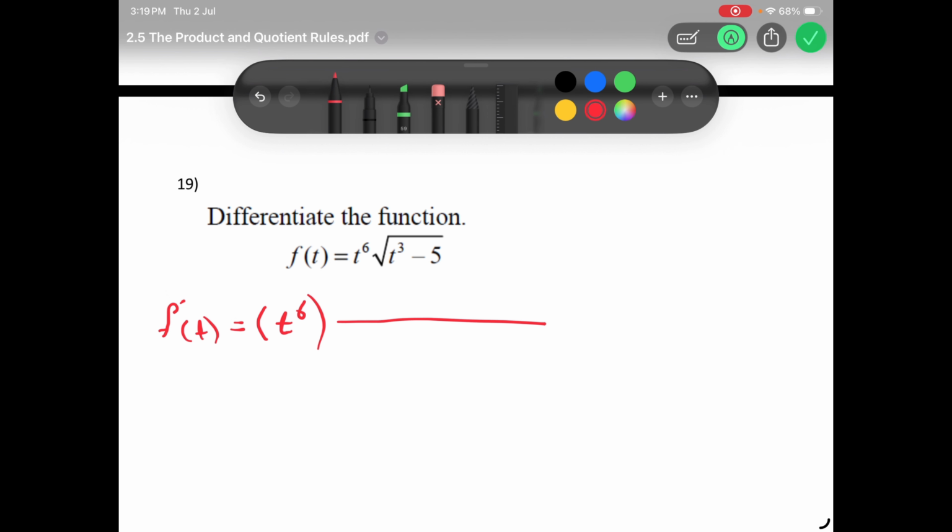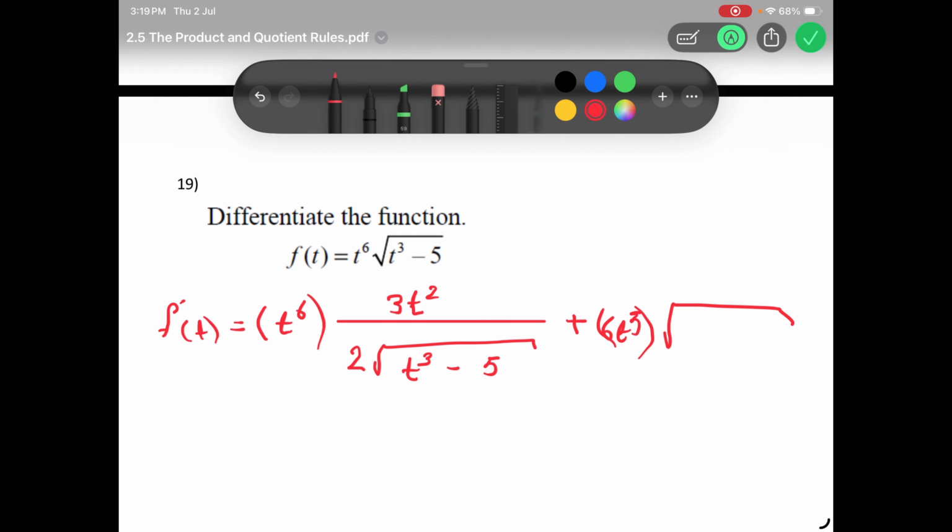I will differentiate the second. The second is the derivative of whatever is beneath the radical, which is 3t to the power of 2, over 2 times the same radical of t cubed minus 5, plus differentiate the first, 6t to the power 5, keep the second as it is, square root of t cubed minus 5.